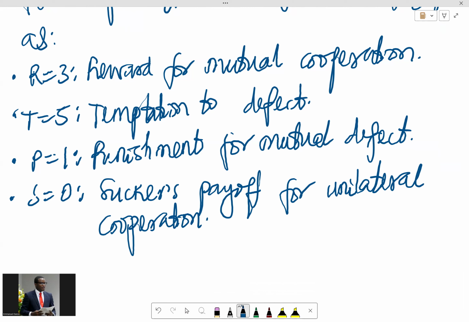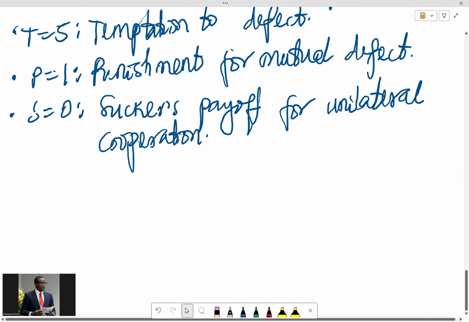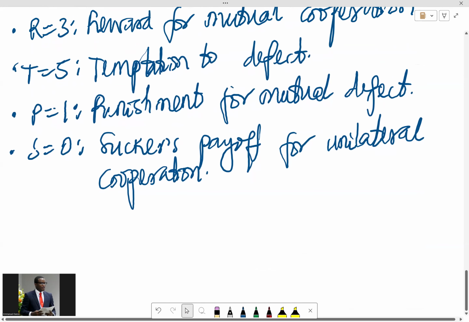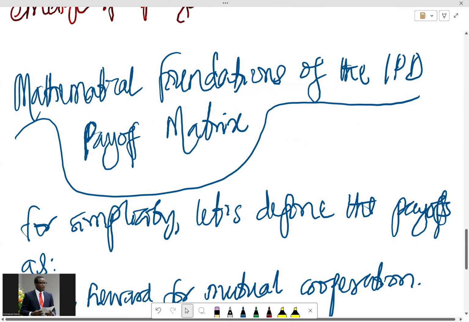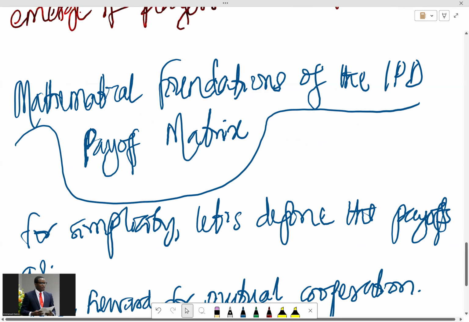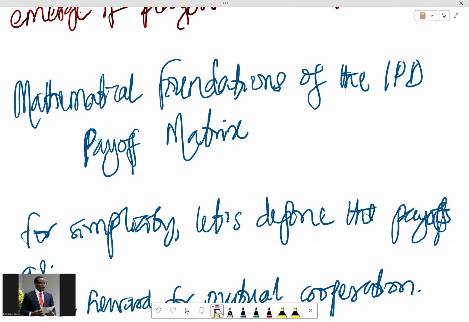So that means if just one person betrays the other person, then the betrayer gets the reward. It's like an undue advantage, so to speak.